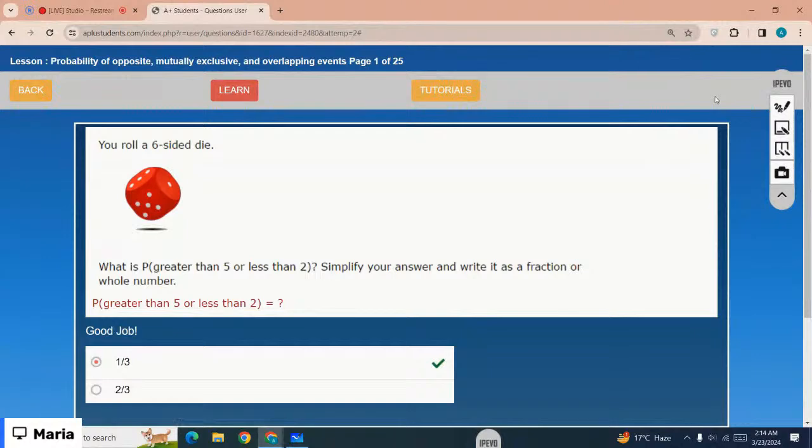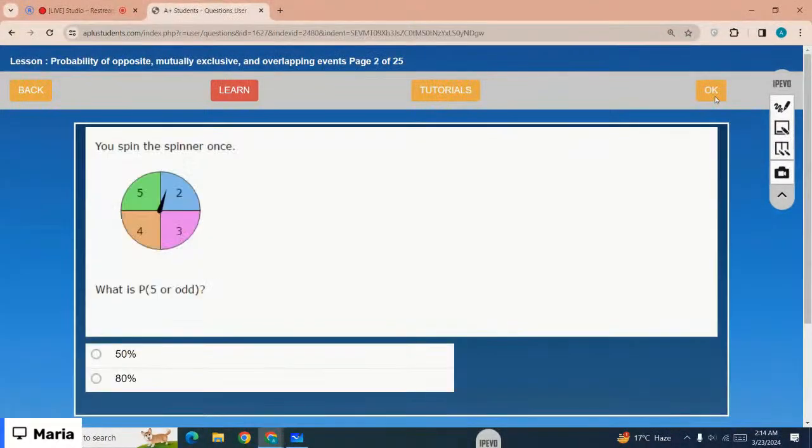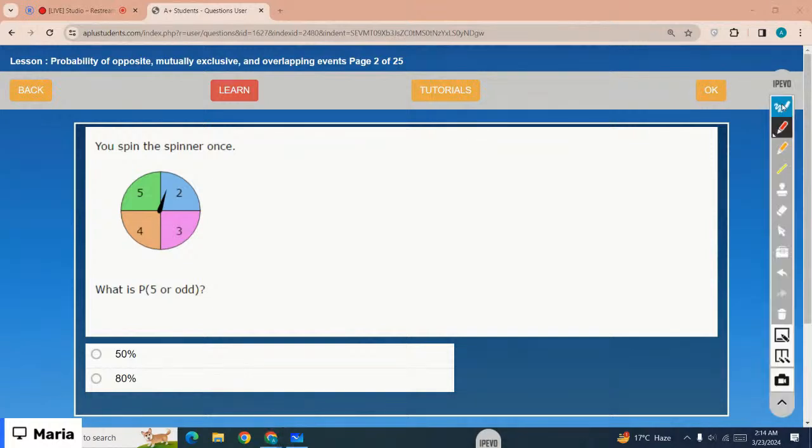Okay, the next one is, you spin the spinner once. What is the probability of 5 or the probability of odd, right? So the probability of 5 is 1 out of 4, right? And for odd, 3 and 5 are odd numbers, right?